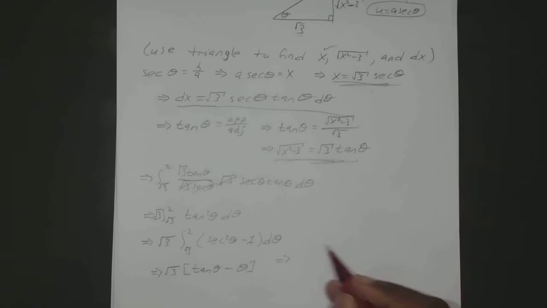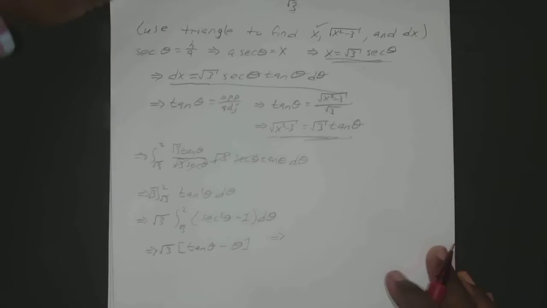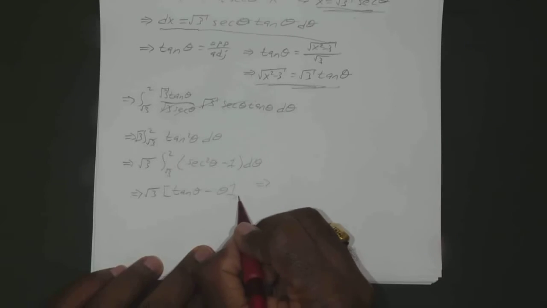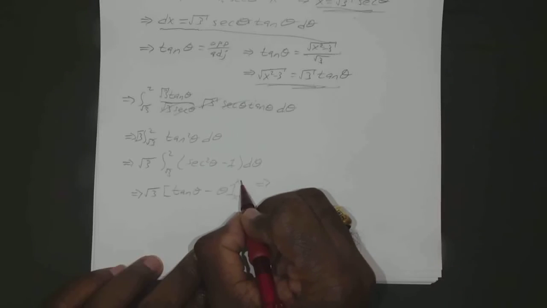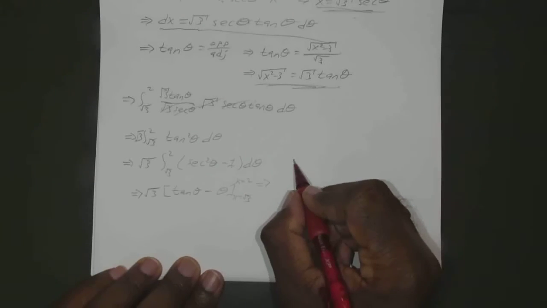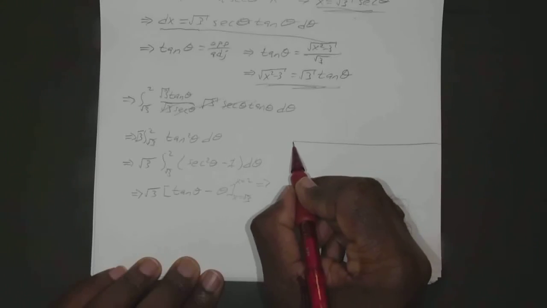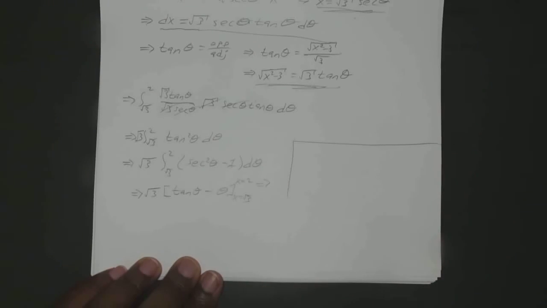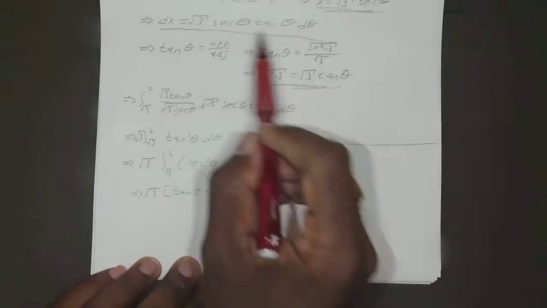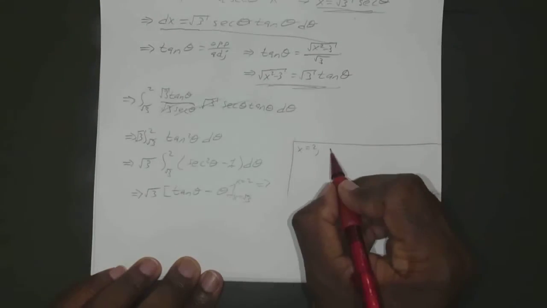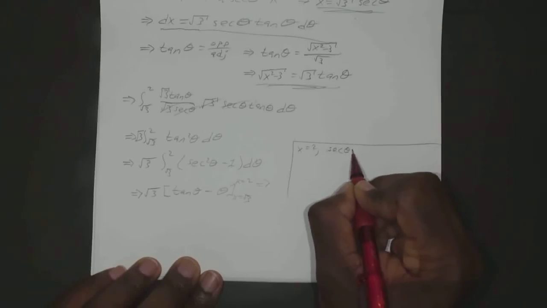Okay, so this is from x equals square root of 3 to x equals 2, so we're going to have to convert it. I'll draw a little box to separate it. So when x equals 2, you have x equals square root of 3 secant theta.